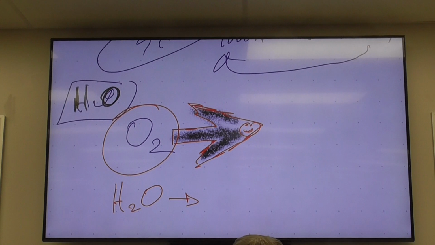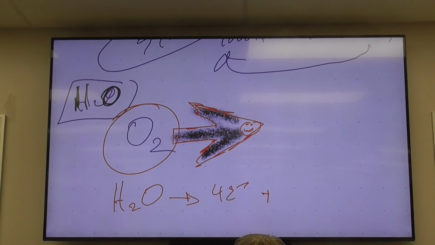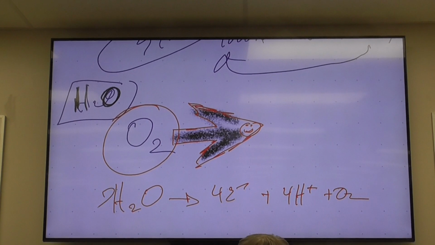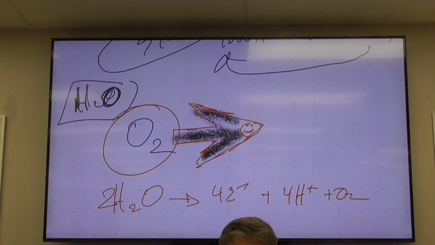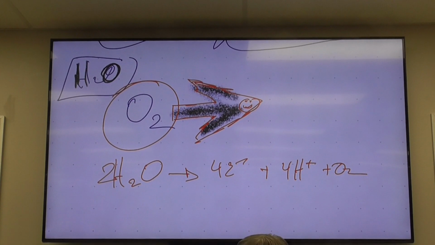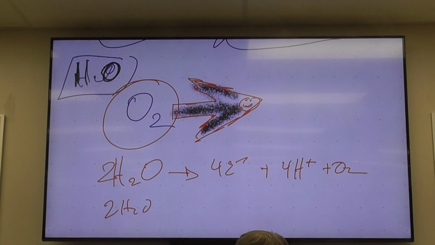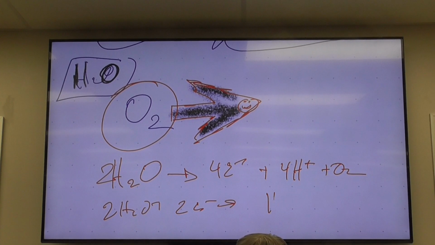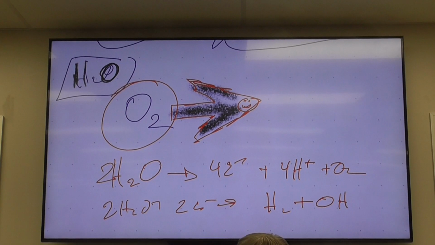You get 4 electrons, and you get 4 hydroniums, and you get oxygen. Okay? And if you compare that to the reduction of water, which is 2H2O plus 2 electrons, getting hydrogen and OH.